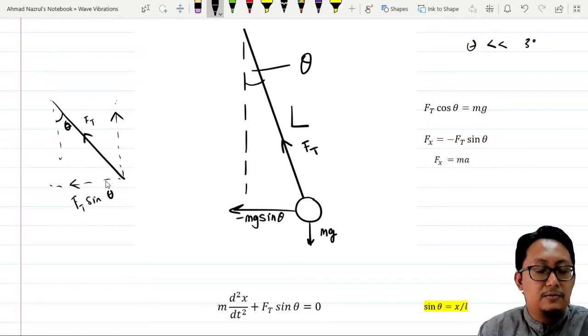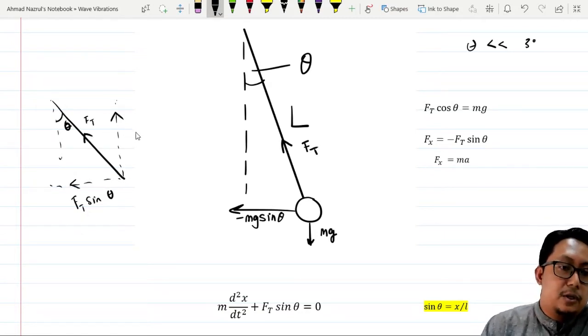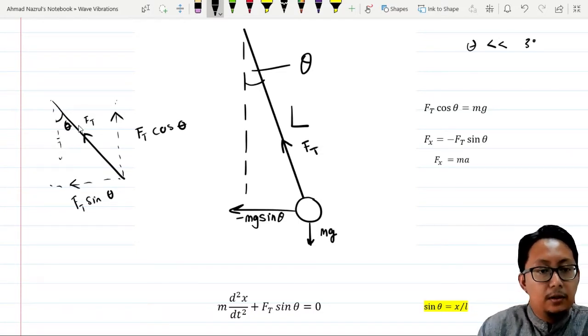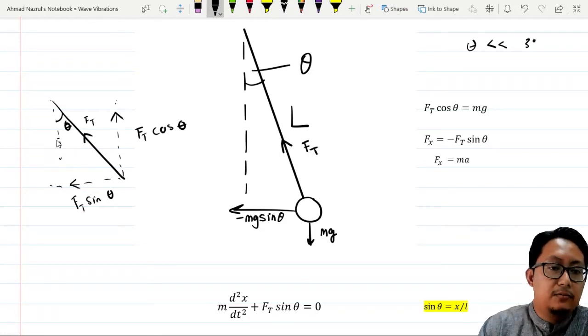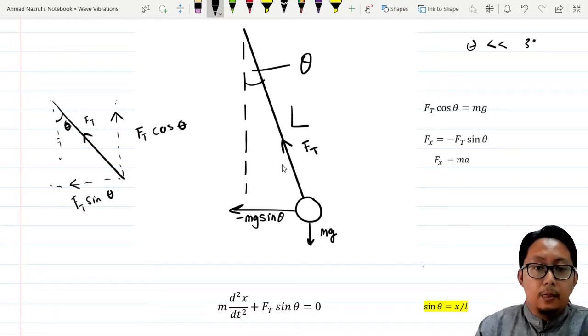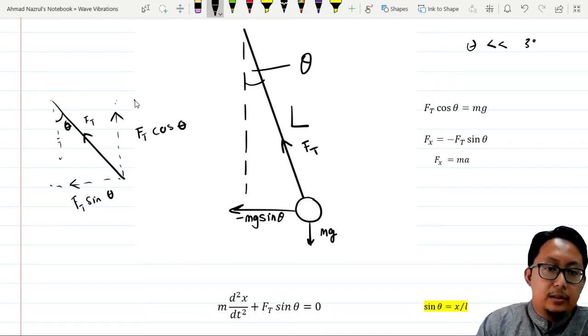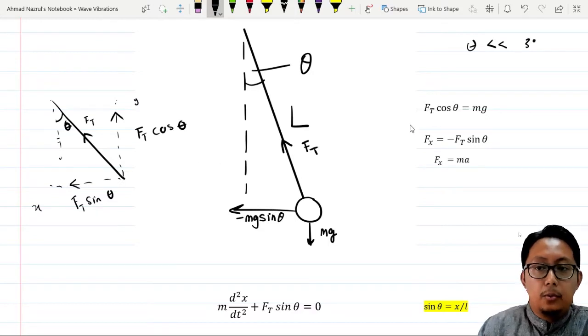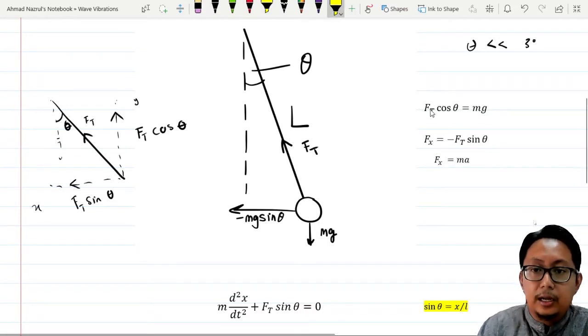This other side is Ft cos theta, since cos means side over hypotenuse. So for the y axis, we have two values, Ft cos theta and mg.